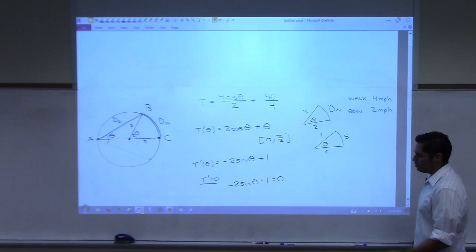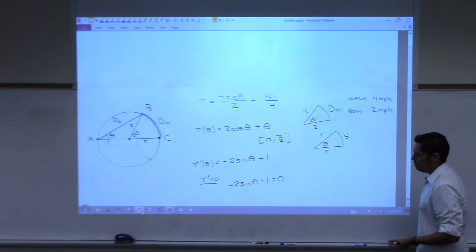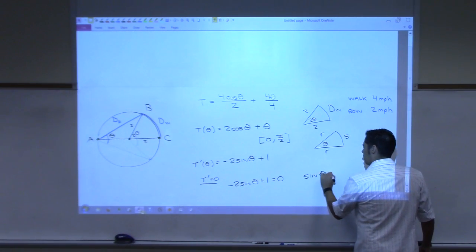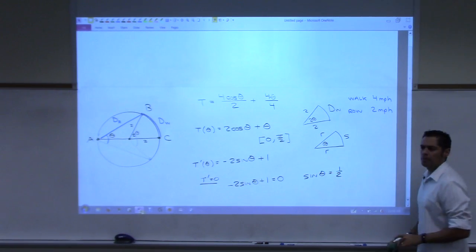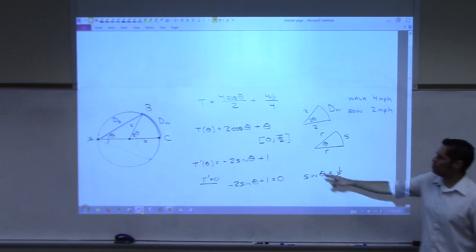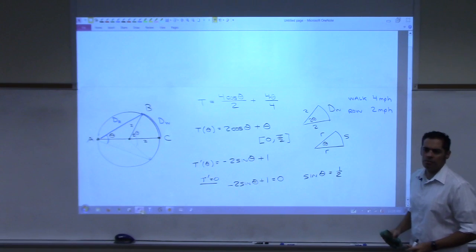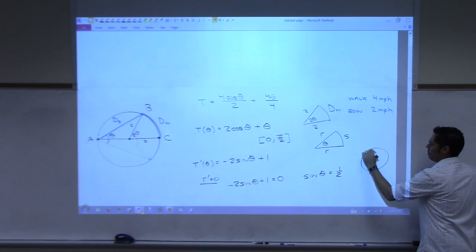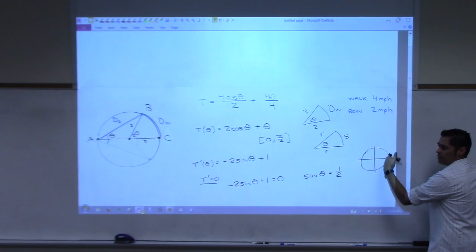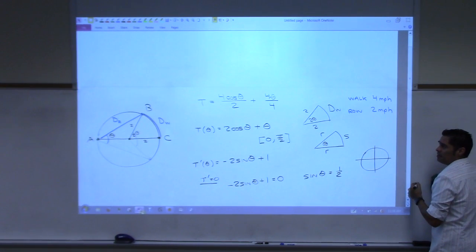And that's a trig equation. We can move things around. Sine theta is a half, is what we're looking at. And we're only looking between 0 and pi over 2. So where on the unit circle, if we're only looking in the first quadrant, 0 to pi over 2, where is sine 1/2?